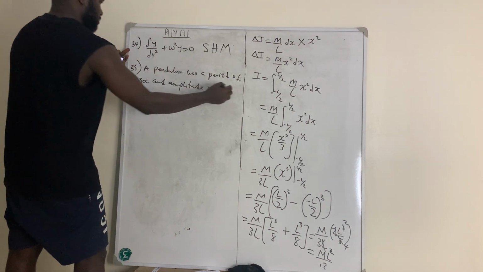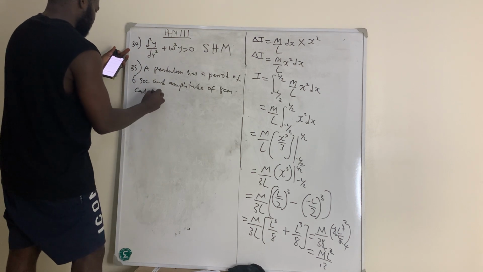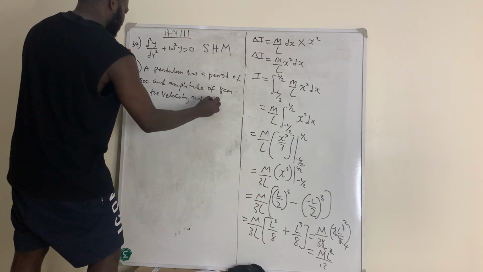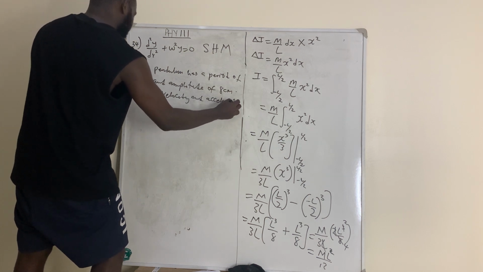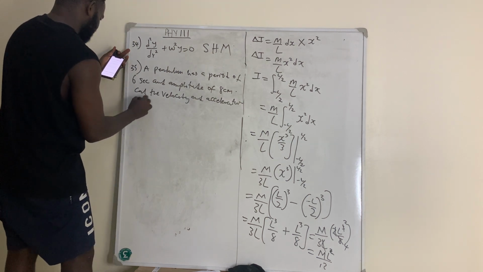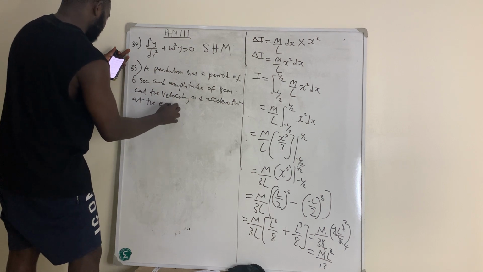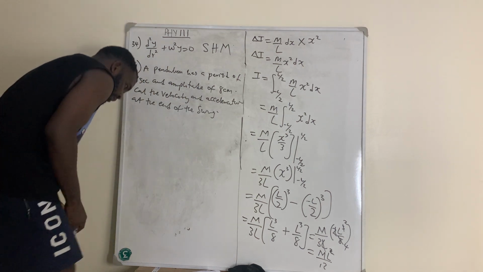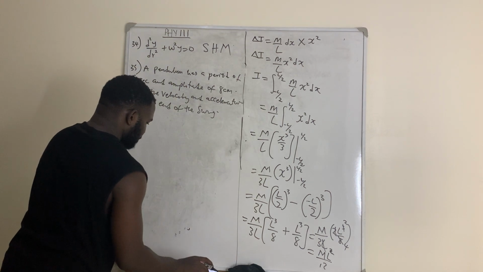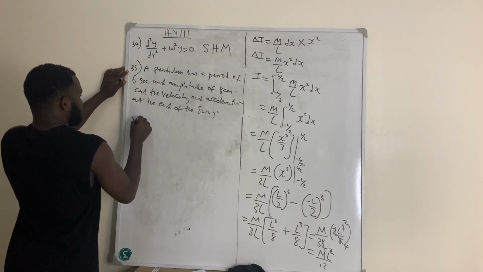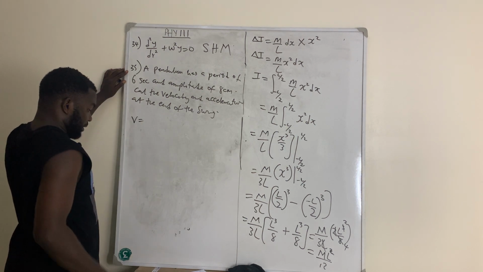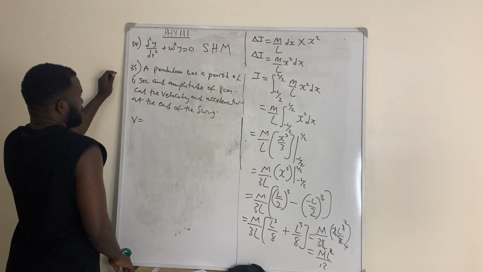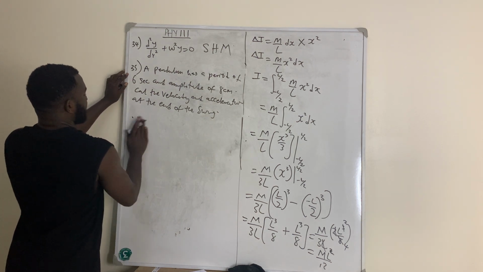The amplitude is the radius, so they say we should calculate the velocity and the acceleration at the end of the swing. Okay, so this is very, very simple. To calculate the velocity, let us get our parameters first.